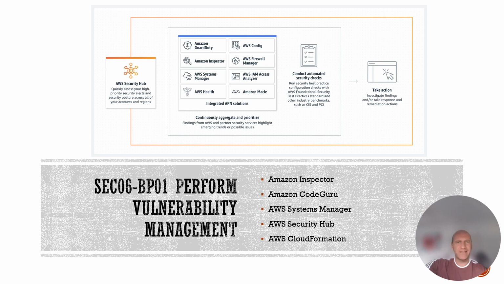Amazon Inspector and Systems Manager can be viewed in AWS Security Hub, a cloud security posture management service that helps you automate AWS security checks and centralize security alerts. Amazon CodeGuru can help identify potential issues in Java and Python applications using static code analysis.